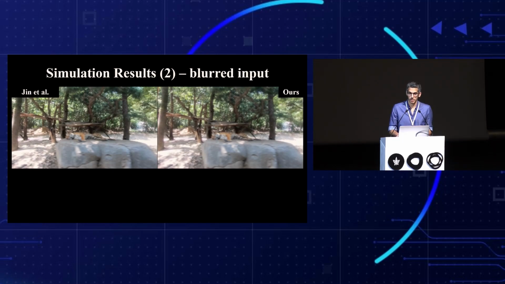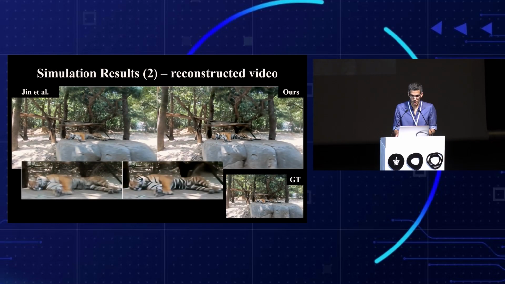These are the blurred inputs, and our coded blur. And these are the reconstructions. Note the textures on the tiger. Moreover, our reconstruction is in the correct direction of the motion, while the conventional camera reconstructs in the reverse direction.